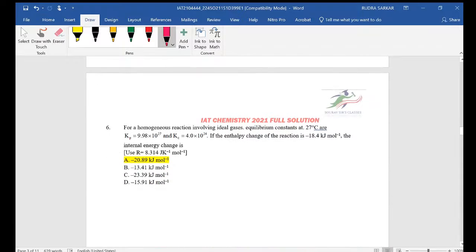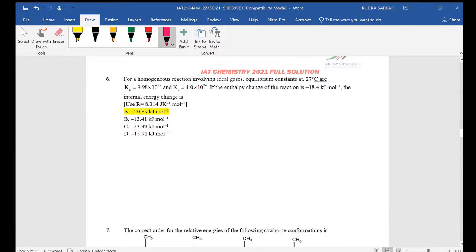Next, for a homogeneous reaction involving ideal gases, equilibrium constants at 27 degrees centigrade. So this is the temperature, 27 degrees centigrade, or we can say 273 plus 27 in terms of Kelvin, that is 300 Kelvin.